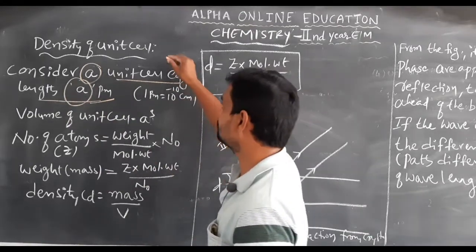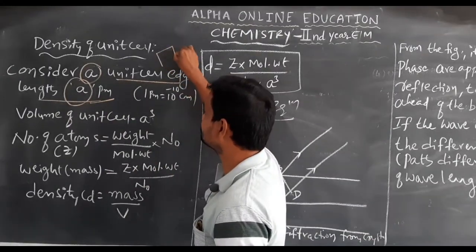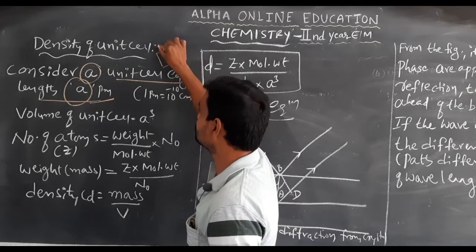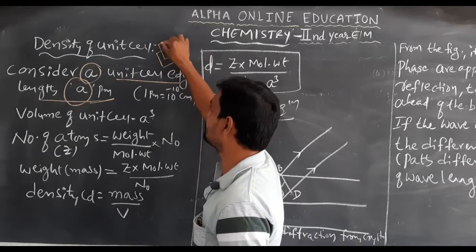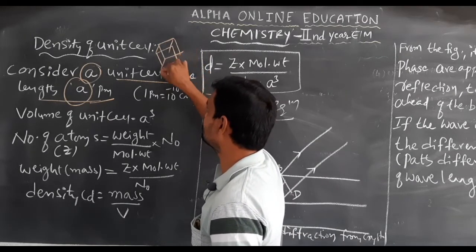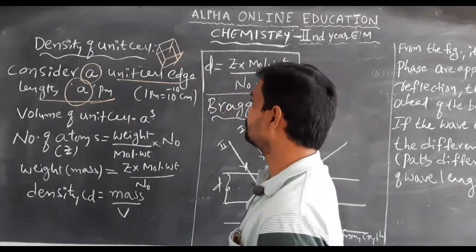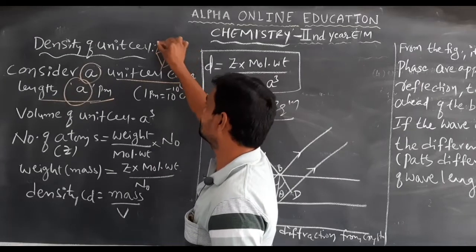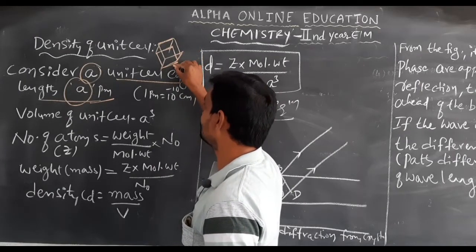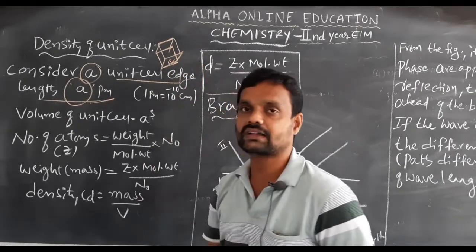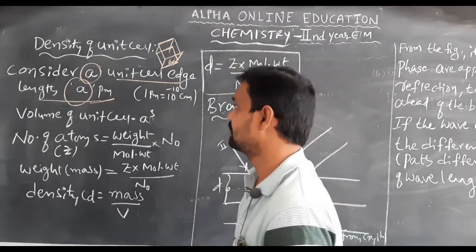We already know the unit cell appears as a simple cube. This is the simple representation of the unit cell, and its edge length is a picometers.